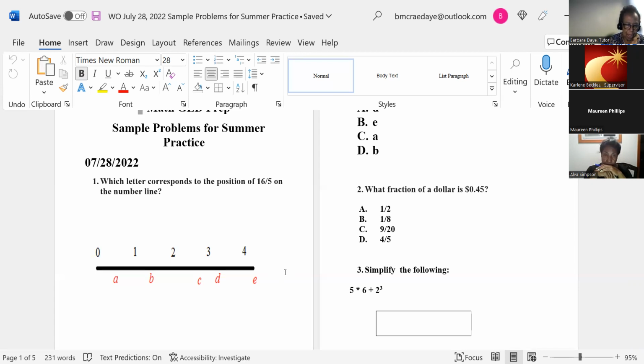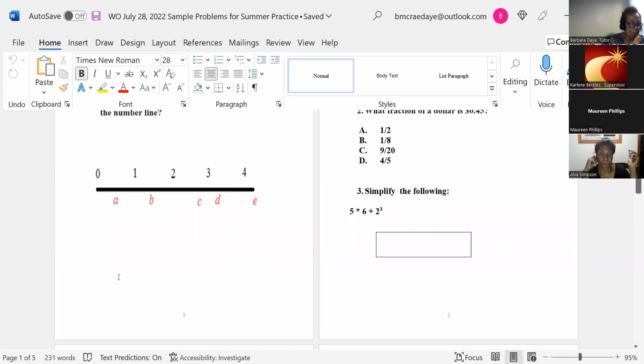So it's 3 1/5, right? Yes. Okay, so let me just put that there. We're on the first one, right? Yes. 16 divided by 5 equals 3 1/5.